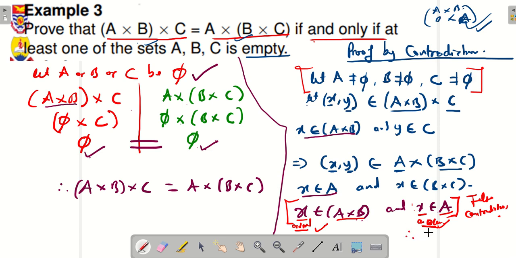Therefore, we conclude that A or B or C must be an empty set, and that is the right statement. The only condition for A cross B cross C to be equal to A cross (B cross C) is when A or B or C is an empty set. If you make this assumption, you will end up contradicting yourself here.